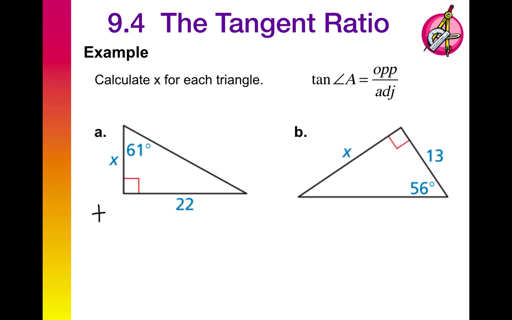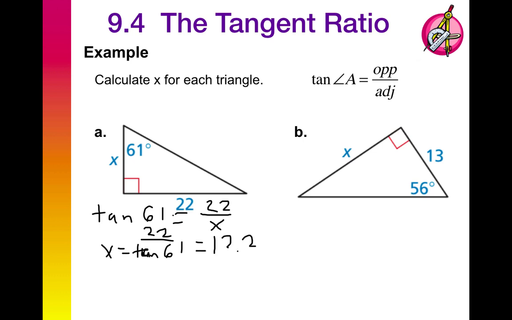I have the tangent of 61 is equal to, and sometimes I don't put the parentheses around the 61, that's okay, the opposite side, which is 22, over the adjacent side. And when I multiply this out, I come up with x is equal to 22 over the tangent of 61. And that works out to 12.2 approximately.